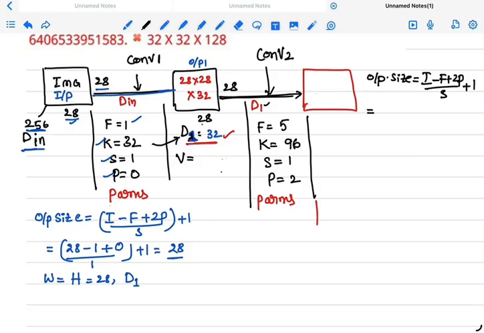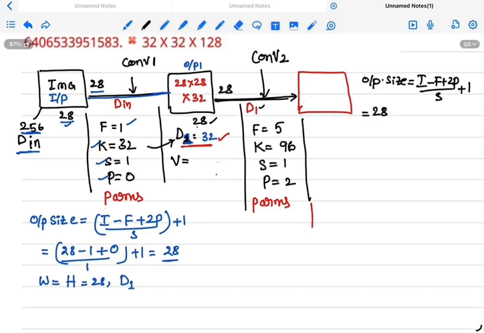So the output size is equal to input size, here 28, minus filter size, here 5, plus 2 times padding, which is 2, divided by stride equal to 1, plus 1. That is 28 minus 5 is 23, plus 4, plus 1, same 28.